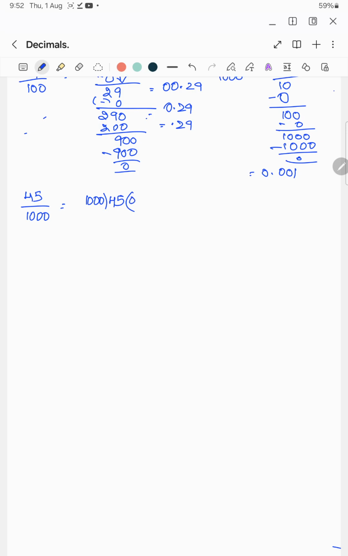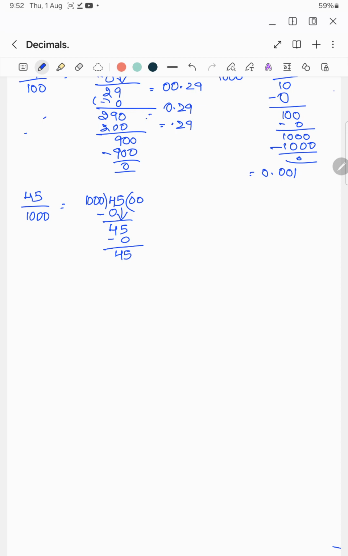So 1000 is multiplied with 0. 4 minus 0 is 4. Next, take the number borrow. Now, if we borrow a number, we have to check the multiple which is equal to 45 or less than 45. So there is no multiple. So multiply 1000 with 0. So 45 is the remainder.